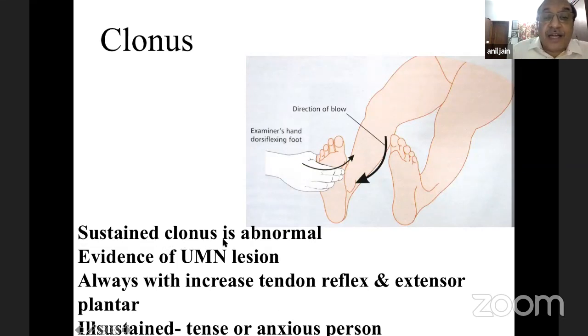Otherwise, a sustained clonus is always abnormal. It is evidence of an upper motor neuron lesion and always has an associated increased tendon reflex and plantar extensor. So sustained clonus is abnormal and suggestive of an upper motor neuron lesion.